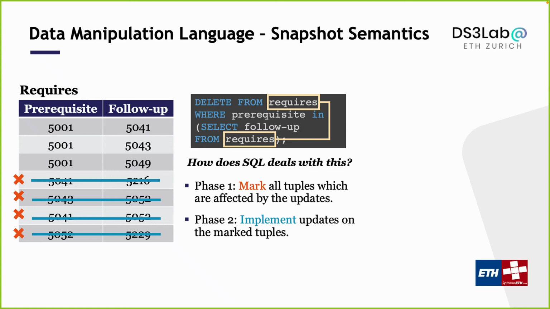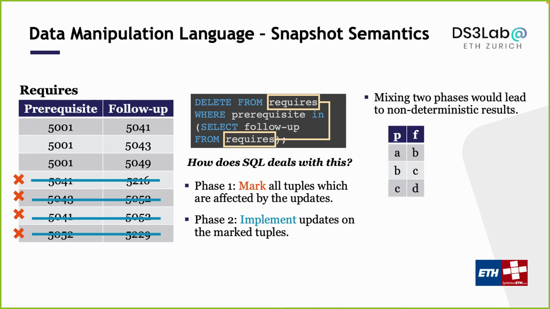Okay? So the reason the system really needs to do this is that the moment you mix these two phases together, you are going to have a non-deterministic result. Okay? So this is just one example. Assuming you have this table, the same query, you have B relation A, C relation B, D relation C, which is a chain. Okay? Assuming I mix them together, I say, yeah, the moment I know which one I should delete, I delete it.